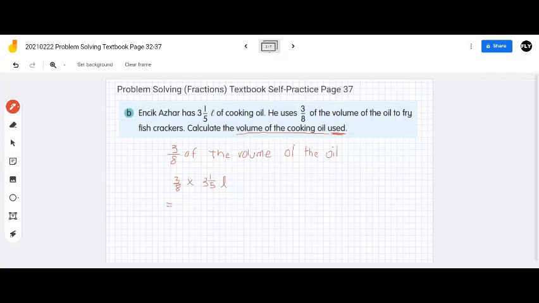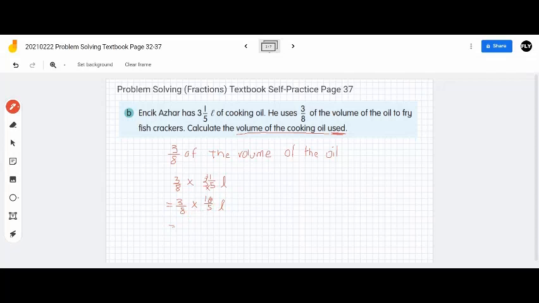So 3/8 times, okay, this one is a mixed number. If it is a mixed number, you have to change it to an improper fraction. So 5 times 3, 15, plus 1, 16. 16/5 liter. Can it be simplified?